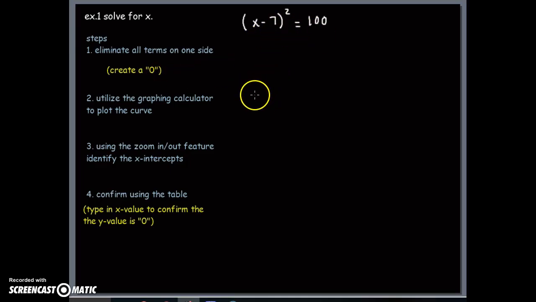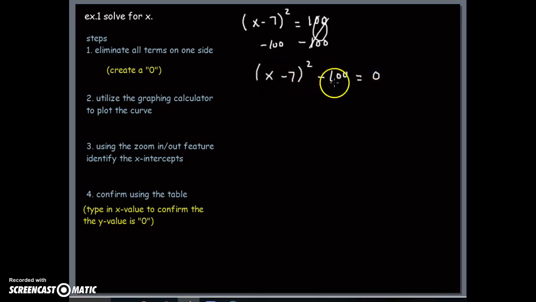So you always want to choose the side that is the easiest to create the 0 on. In this case, if we subtract 100 from this side, and we make sure we do it to the other side, we can create the 0 on the right side. Our new equation would be x minus 7 squared minus 100 equals 0.